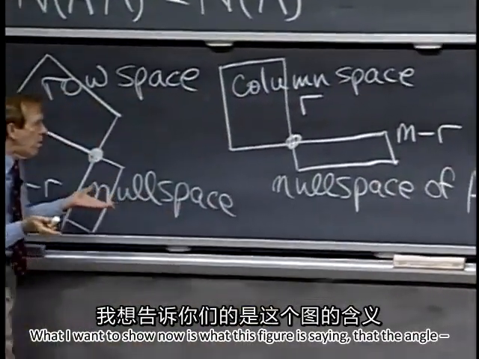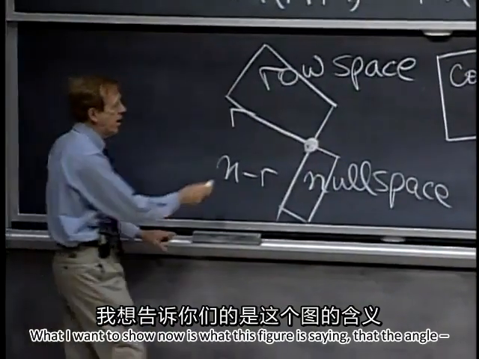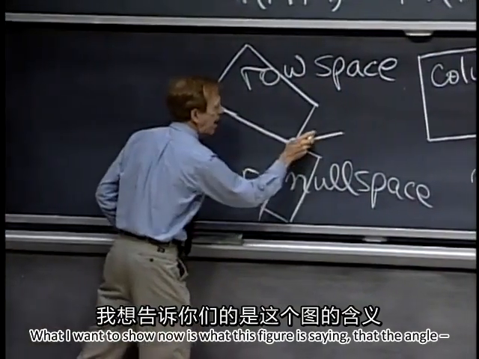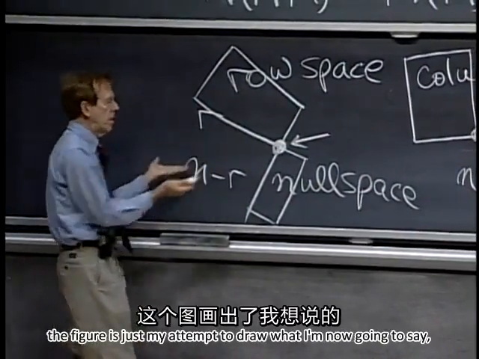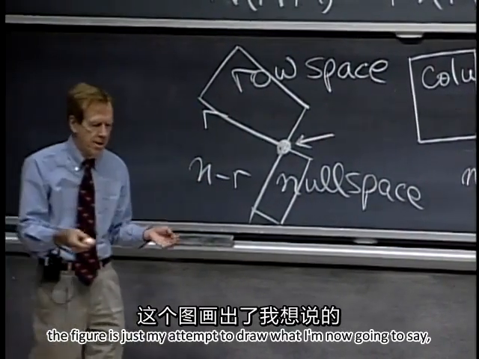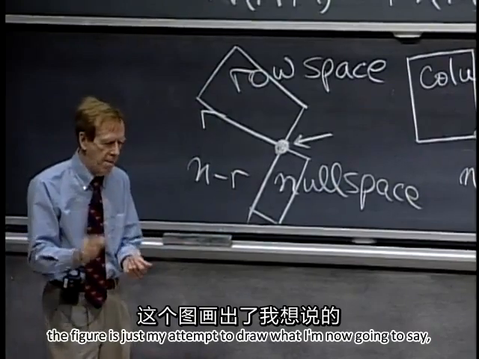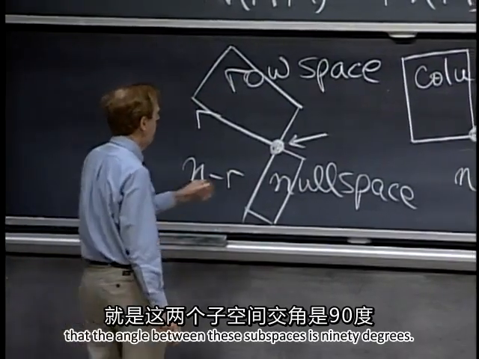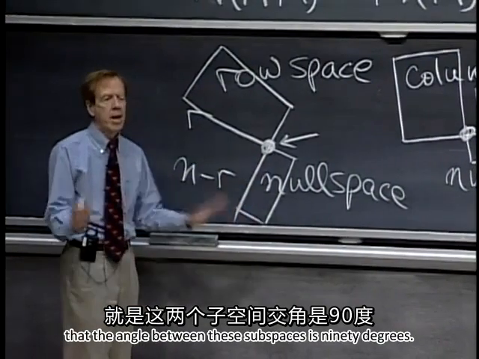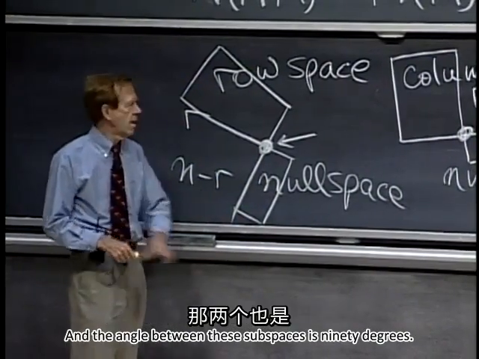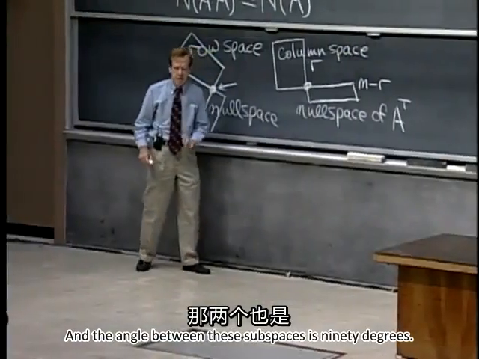What I want to show now is what this figure is saying. The figure is just my attempt to draw what I'm now going to say, that the angle between these subspaces is 90 degrees. And the angle between these subspaces is 90 degrees.